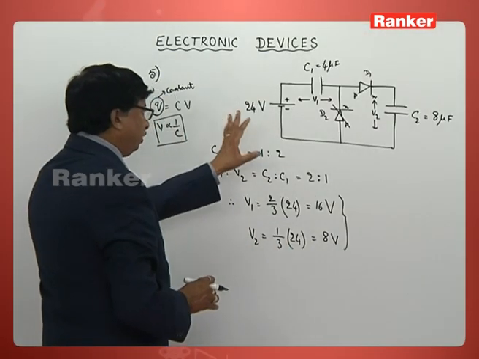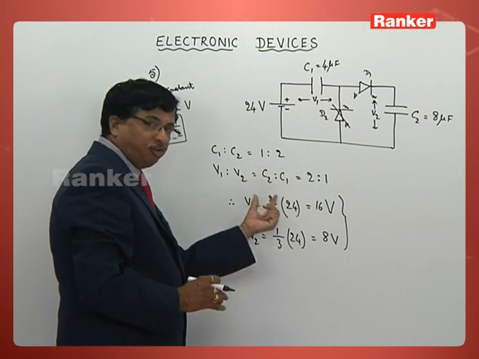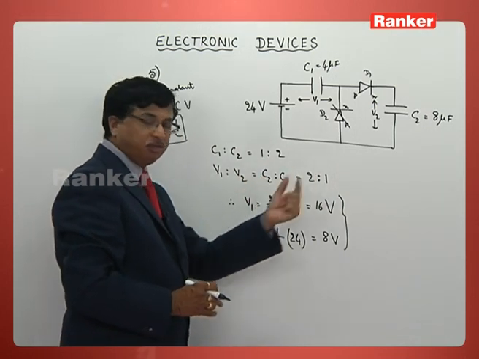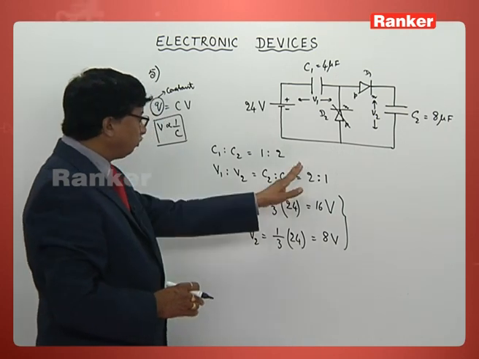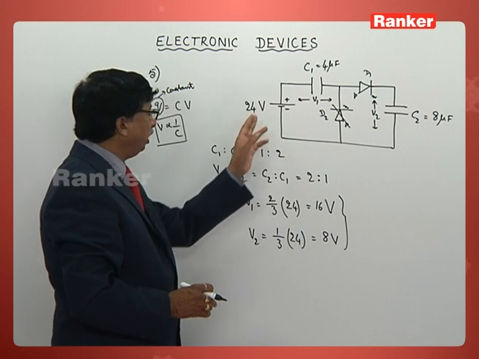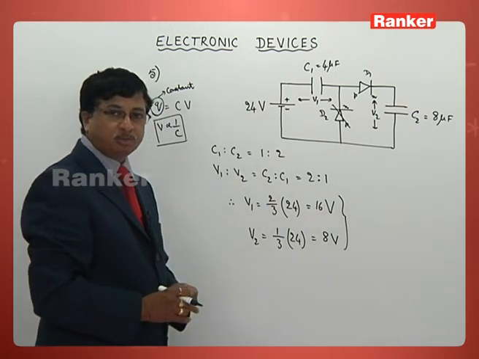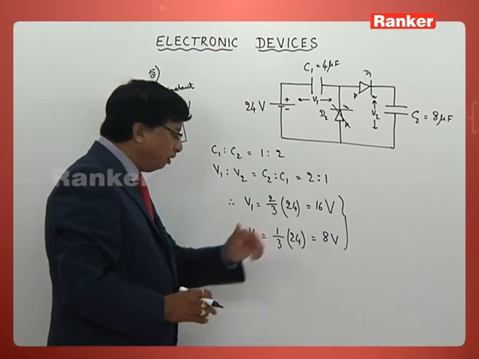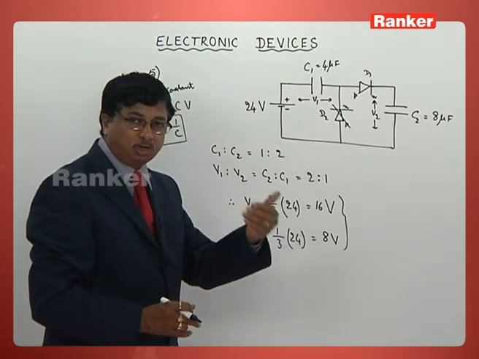So look at this construction and the ratio we have taken: V1 is to V2 is C2 is to C1, which becomes 2:1. 2:1 means total 3 parts. 2 parts out of 3 of the applied voltage should be across the first capacitor, so that becomes 16 volt, and the second one automatically becomes 8 volt.